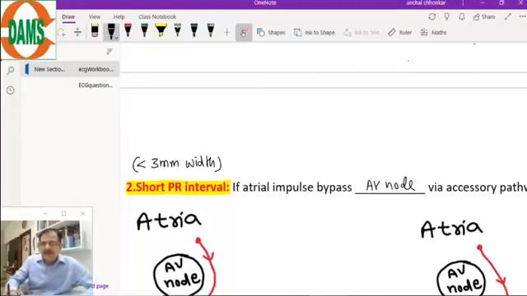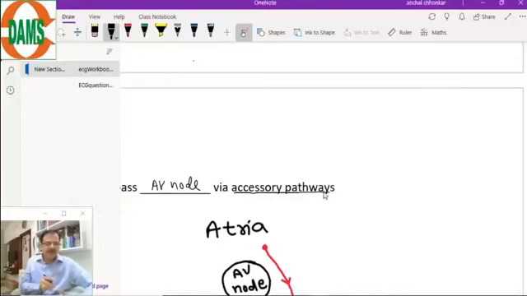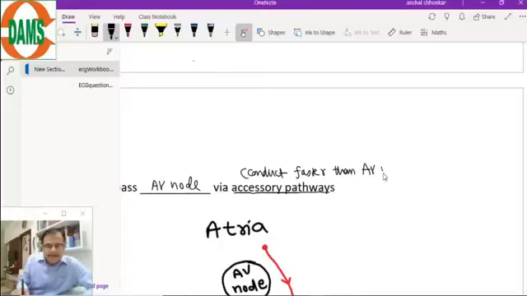It will bypass the AV node with the help of some extra pathways in our body, via accessory pathways. So atrial impulse bypasses AV node via accessory pathways, and these accessory pathways conduct faster than AV node.